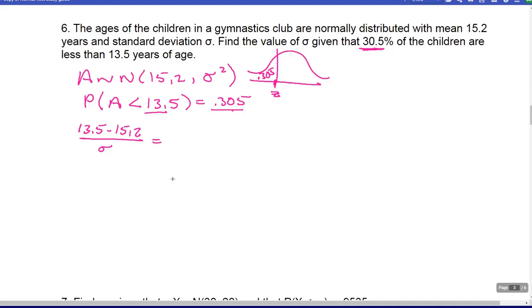I got negative 0.51007. Okay. So now what?